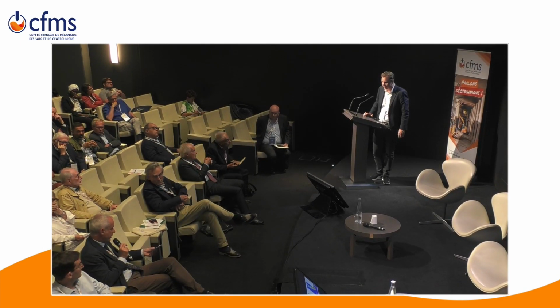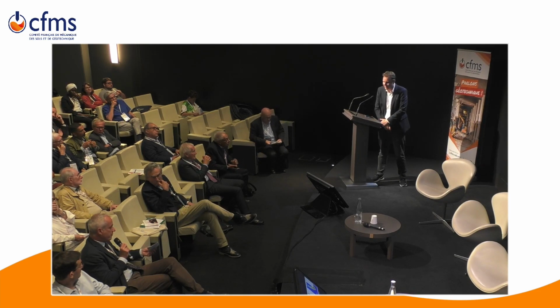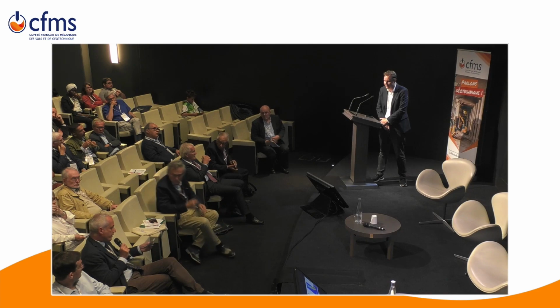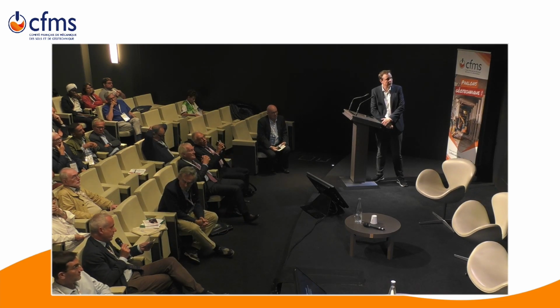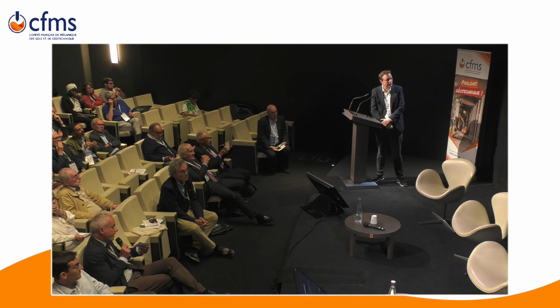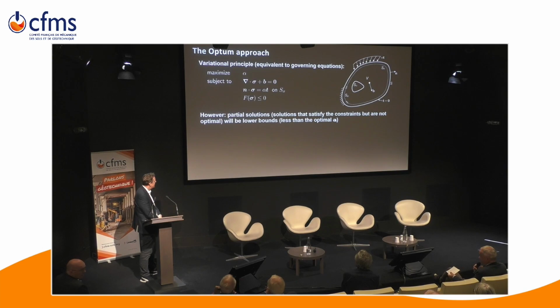And the other thing is that I understand that you should adopt an associated flow rule for plasticity, because otherwise the theorem will not be valid. So that puts strong constraints, first on the elastic, perfectly plastic constitutive model that you use, but also, at least in my experience, where you have a very deep problem, like pile foundations, you get a very large upper bound solution for the base resistance.